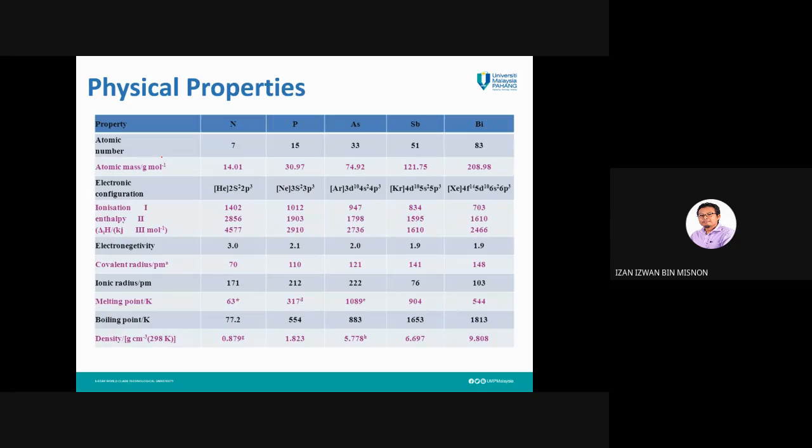Okay, so let's take nitrogen as an example. Nitrogen has an atomic number of 7, so it will have the electronic configuration of 1s2, 2s2, 2p3. Right? 7 electrons.